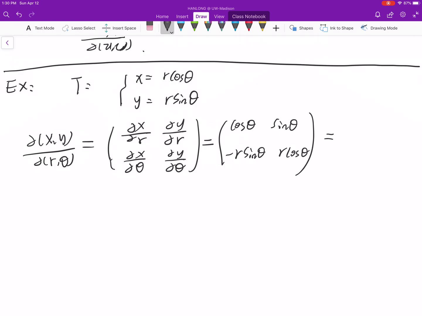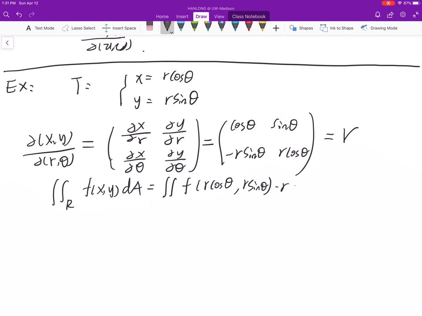And then you compute it, you get this is r. Therefore, you recall the well-known formula we derived before. The integration of f over R in xy coordinates equals the integration of f(r cosine theta, r sine theta) times r dr d theta over the domain S.